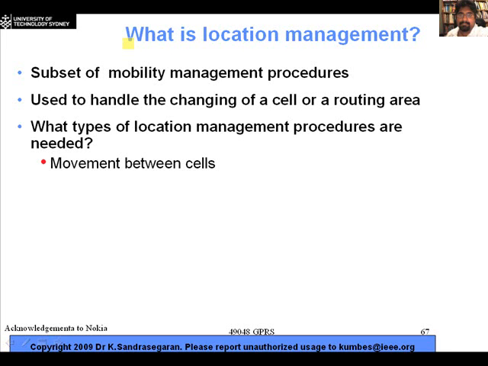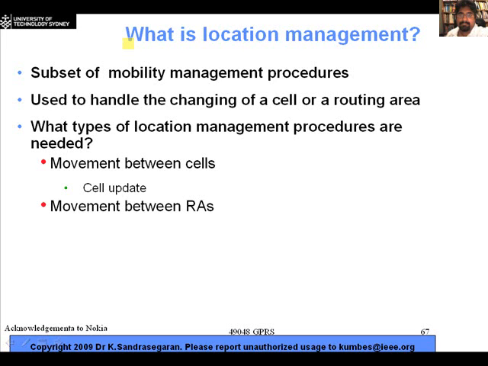You need procedures for movement between cells, and this is done using something called cell update. This is a bit different from GSM because here, when a GPRS subscriber moves from one cell to another cell, it is the mobile that sends a message called a cell update message, so that the network updates the location of the cell.